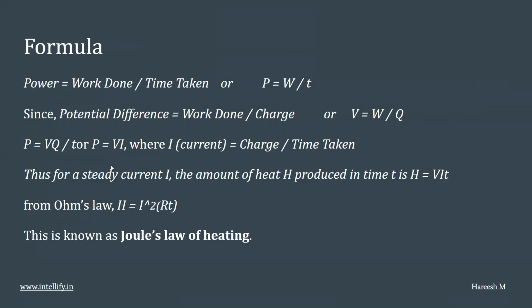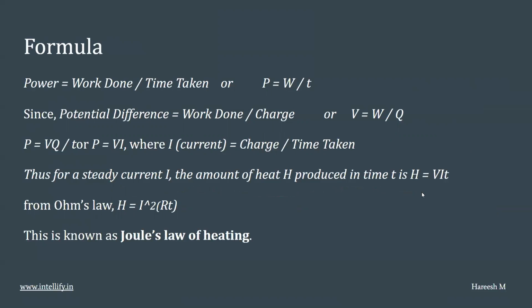So for a steady current I, the amount of heat produced for time t is H = V × I × t. What exactly is this equation? Here, heat is equal to power into time, and the power we got as VI.